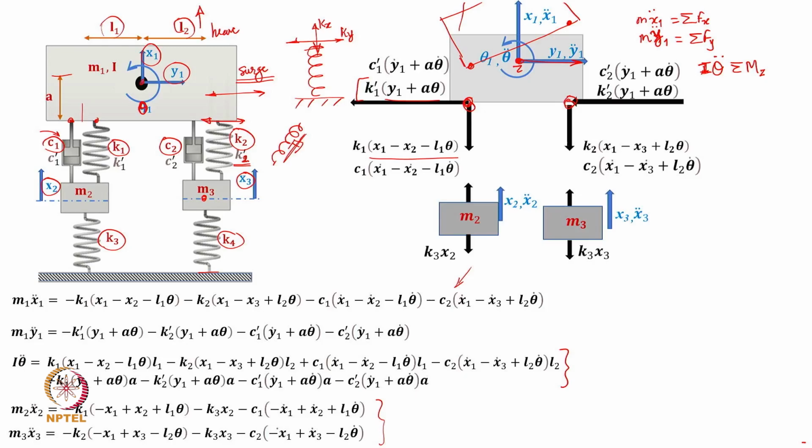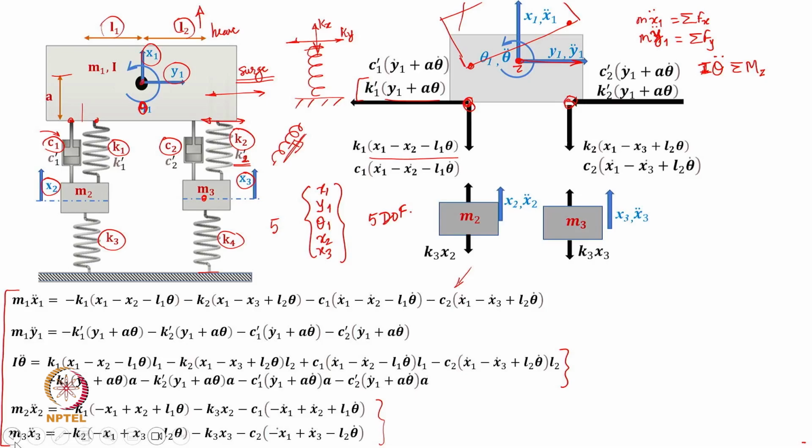Since there are 5 degrees of freedom in this case, which are x1, y1, theta 1, x2 and x3, you expect to get 5 governing equations of motion, one equation in each respective degree of freedom, and that is how you see 5 ordinary differential equations have been obtained.